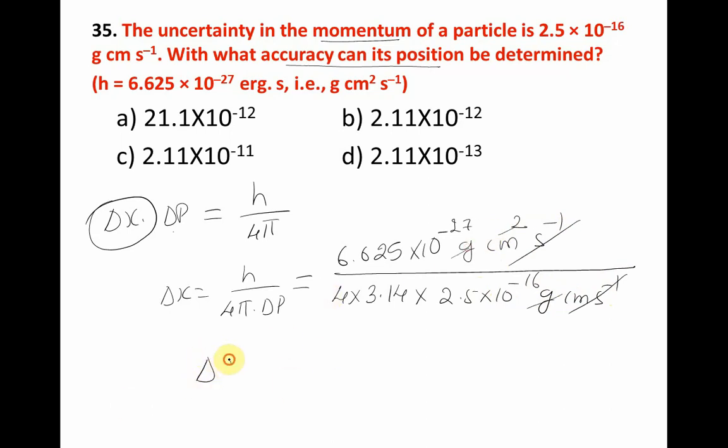So the value of delta x, that is the accuracy in the position, is equal to 2.11 into 10 to the power of minus 12 centimeter.